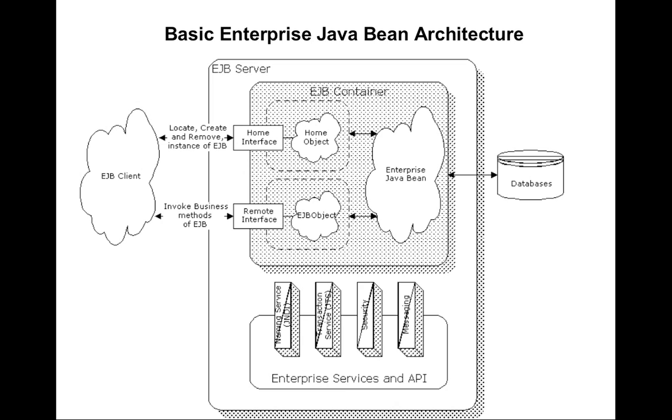Remote objects or remote interfaces, and this is kind of deceiving because they're both going out to a client. So this one is definitely invoking business methods for off-site clients who are accessing it. The home is also removing instances, creating instances, and managing the home environment in terms of which objects are available and which instances are currently executing.